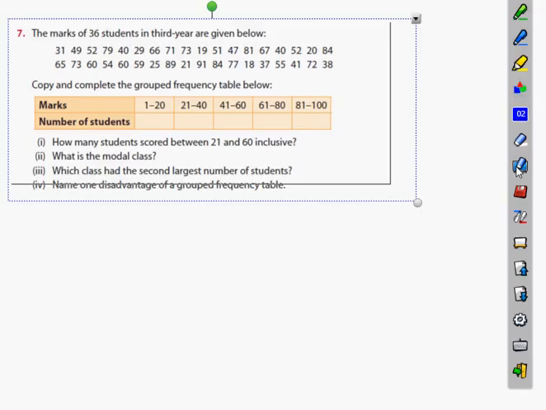So, how many is in category 1 to 20? Category 1 to 20, anybody? 1. 20 is included. 2. Just 2, isn't it? Or no, 3. Any other ones? No. So, 3. What about the next one? 21 to 40? 1, 2, 31. 3.